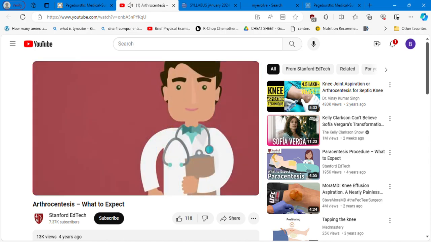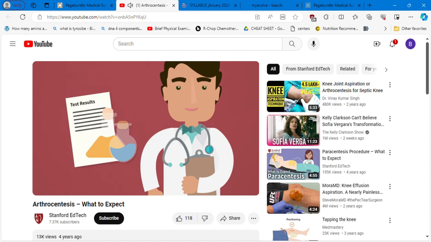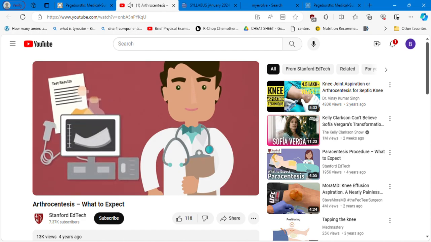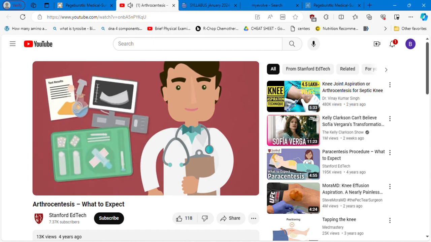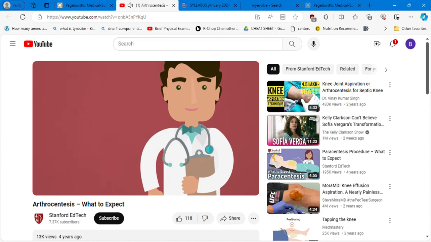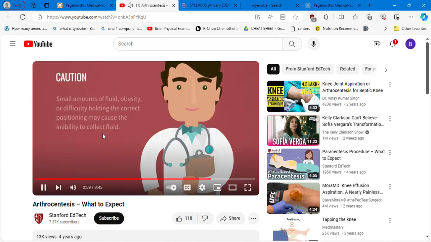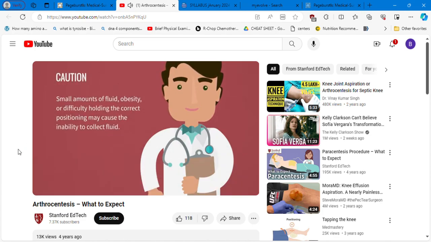The most common risks of this procedure are similar to the risks of a needle insertion anywhere else in your body and include pain, bleeding, infection, or hitting nearby structures. Your doctor will review your laboratory results and perform the procedure with sterile equipment to minimize these risks. These risks rarely cause permanent damage. There is also a possibility that the doctor is unable to obtain joint fluid.